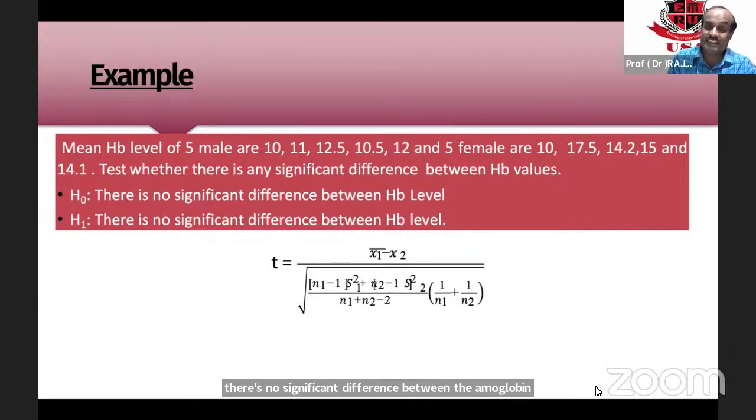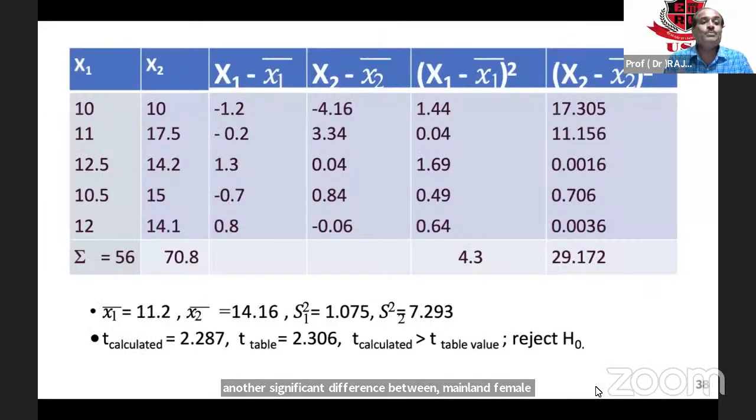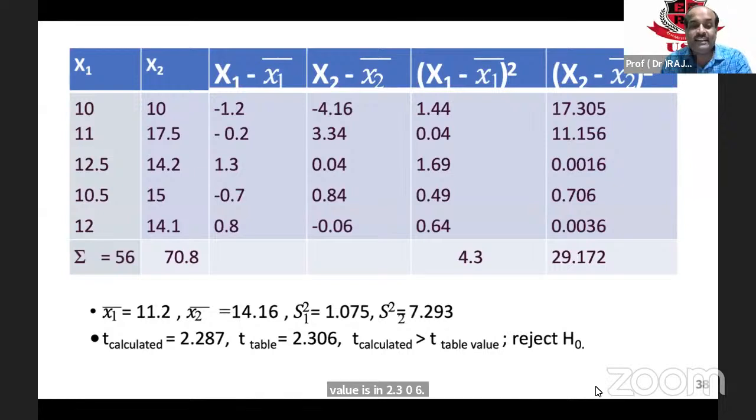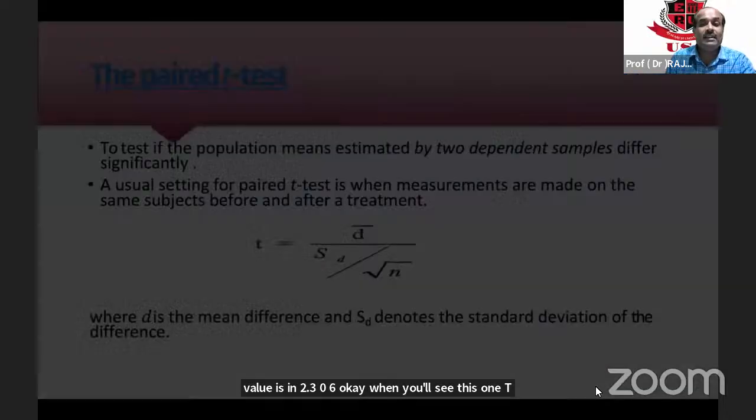Then the alternative: there is a significant difference between male and female hemoglobin values. So we apply this: x1 minus x1 bar, whole square, then x2 minus x2 bar, whole square. If you put this in, the calculated value is 2.287 and the table value is 2.306. When you see this, the calculated t is not more than the table value, so you cannot reject the null hypothesis.